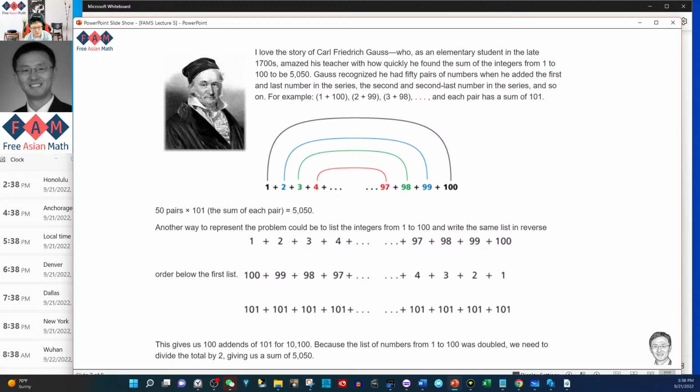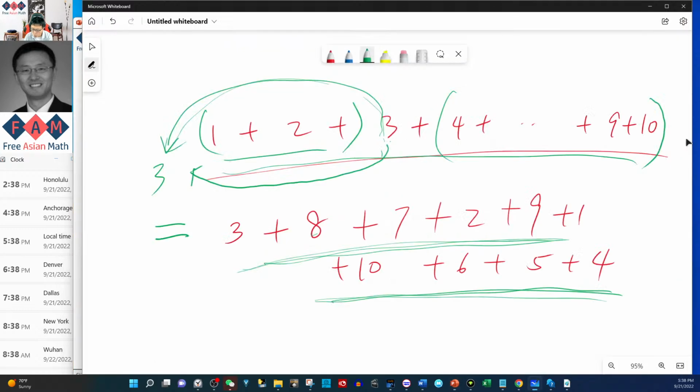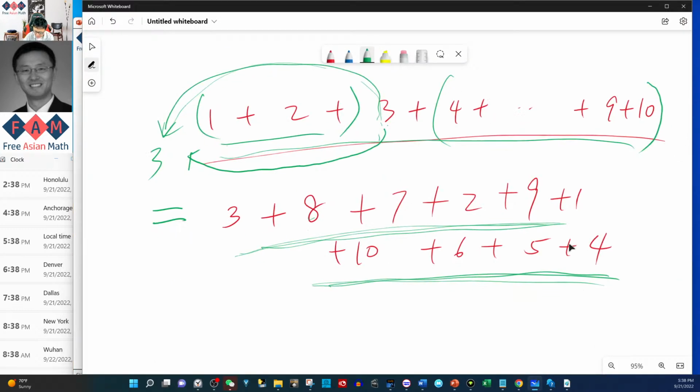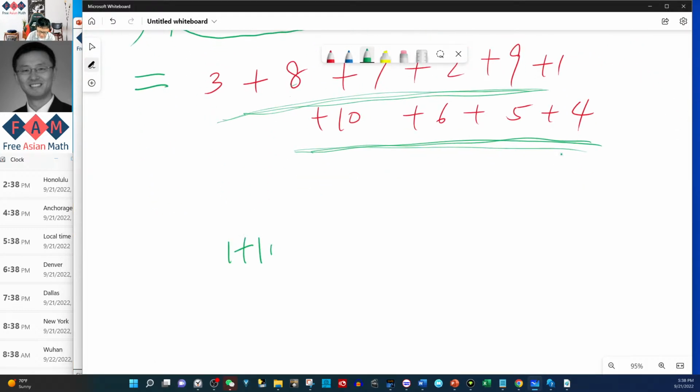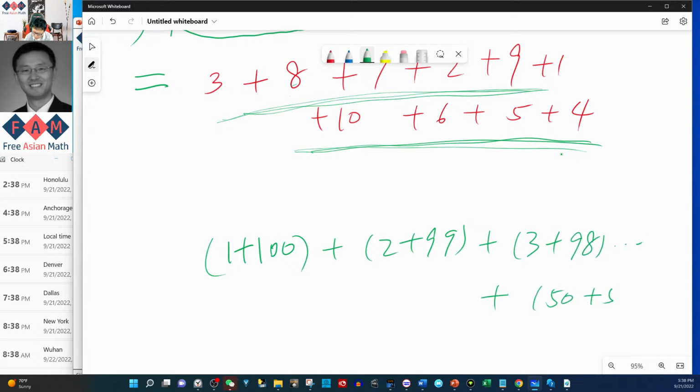So what exactly did Gauss do here? Nothing but follow the theorem we just said, right? With such 100 numbers, you can do the addition in any order you want. I can certainly put 1 plus 2 first, 1 plus 100 first, then 2 plus 99 first, 3 plus 98 first, until I have 50 plus 51 first.